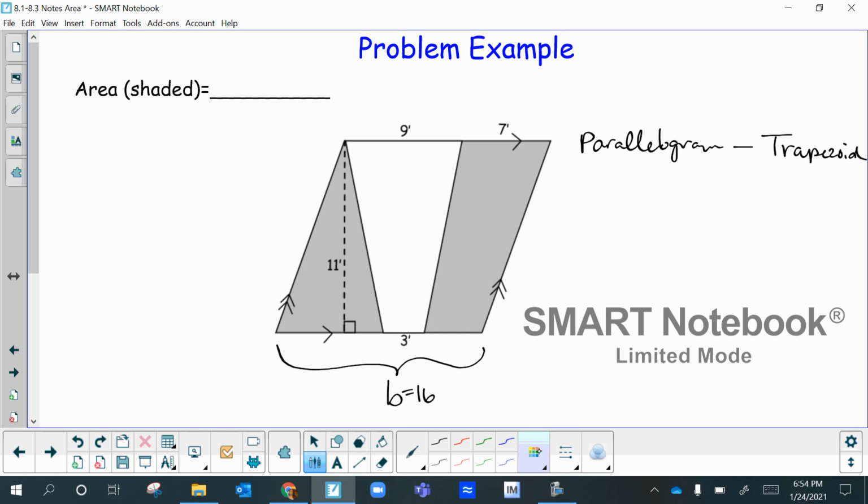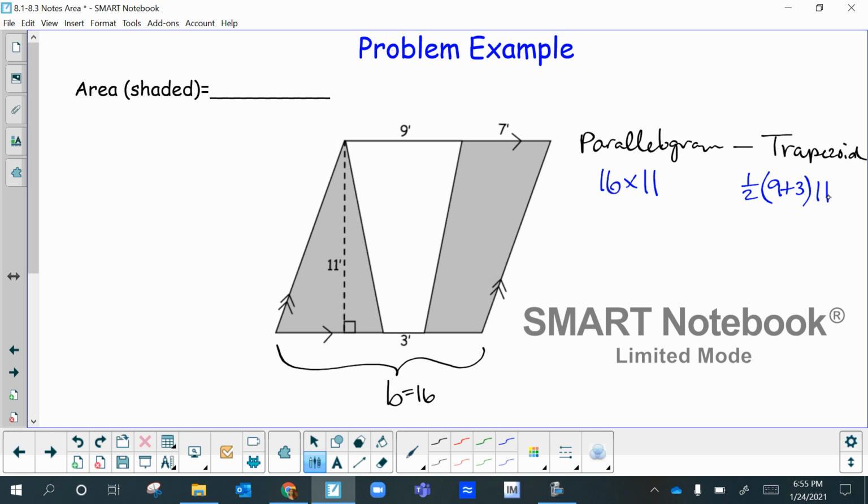Parallelogram is going to be 16 times 11 because the 11 is the height of the parallelogram here. And then I'm going to minus the trapezoid, which is 1/2 base 1 plus base 2, which base 1 and base 2 are 9 and 3. And then the height of the trapezoid is 11 as well, okay, because that's perpendicular to the two bases.